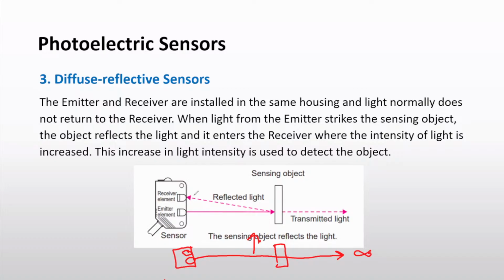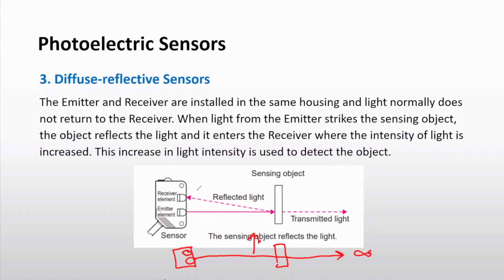So in that case, the intensity of the light received by the receiver will increase. Therefore, when the amount of light received by the receiver is increasing, it means that there is the presence of an object.